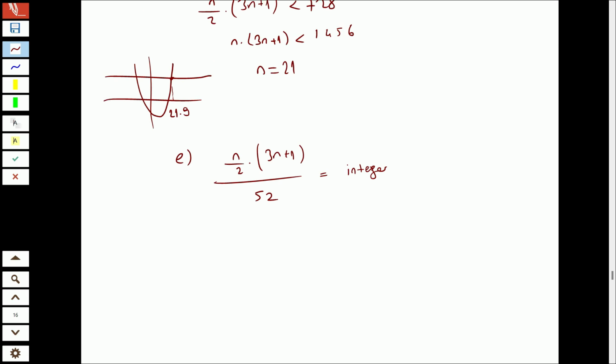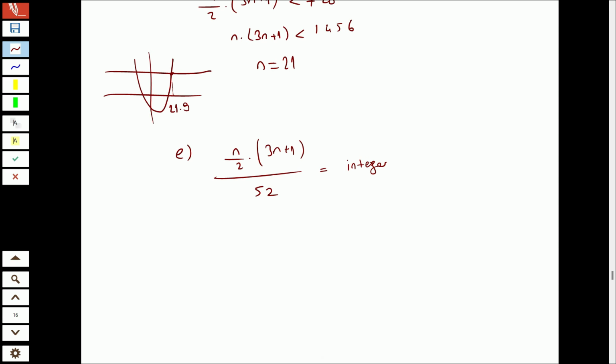So how are we going to do that? And you can maybe simplify this a bit more. So I know that the denominator is 2 times 4 times 13. From here you can say that if we choose n as 4, it will be 4 times 13, but it cannot be divided by the denominator. So I will increase n.